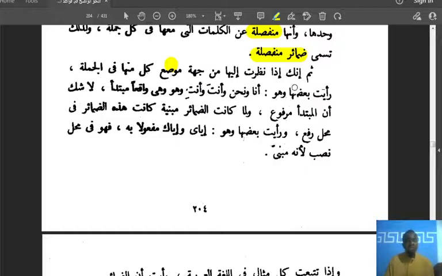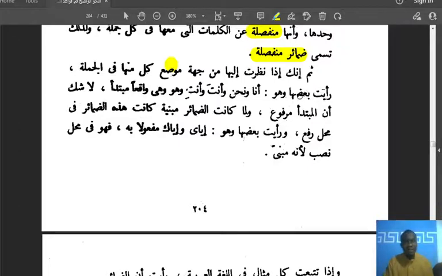He said this one that he told us is about the word standing alone, the structure. He said ثم إنك إذا نظرت إليها من جهة موضع كل منها في الجملة. If you look at the position of each of the pronouns in the sentence, موضع here means grammatical position.